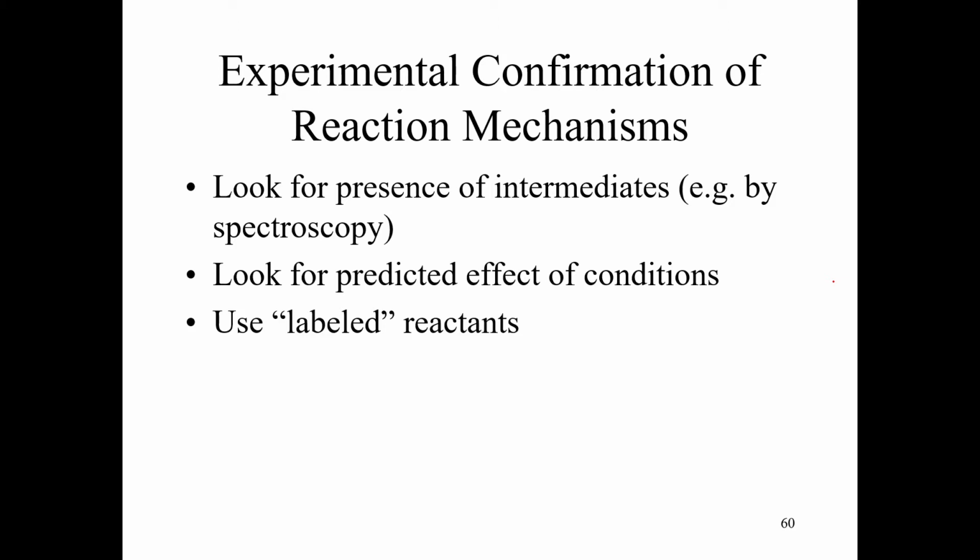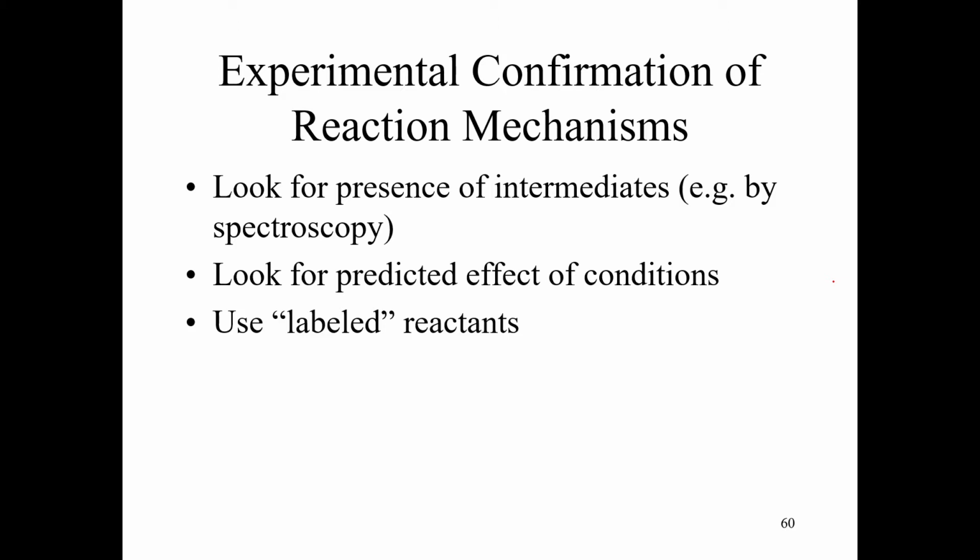So, if we carry out the reaction and the mechanism is correct, then we would expect that irradiating the reaction mixture with increasing intensity of light should speed up the reaction, because we know that the breaking down of iodine is affected by the presence of visible light, and we are proposing that that step is one of the key steps in our mechanism.